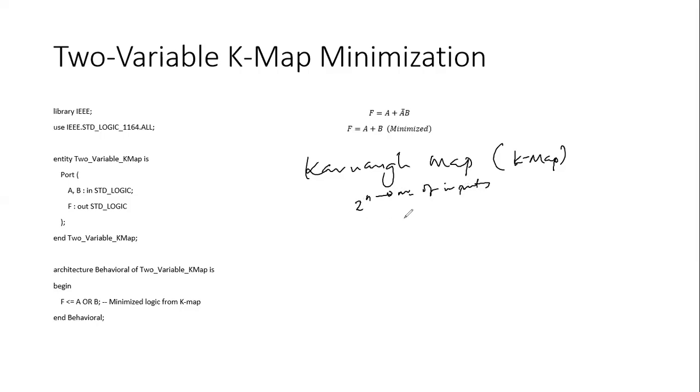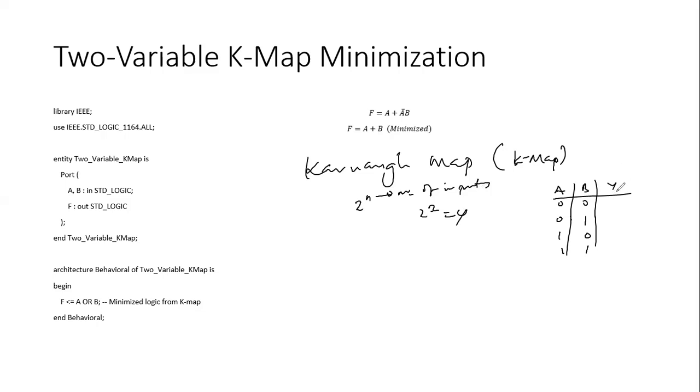So if n is 2, say 2 inputs, A and B, where we have the output, 2 to the 2 will be 4, right? So we have 0 0, 0 1, 1 0, 1 1. Okay, so this is what we have for a 2-variable system.